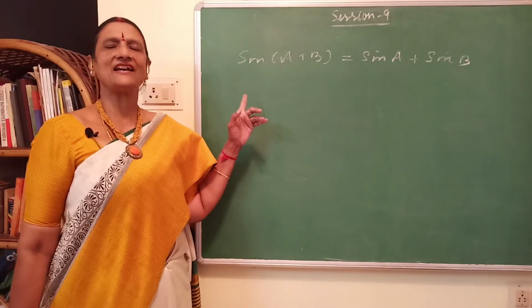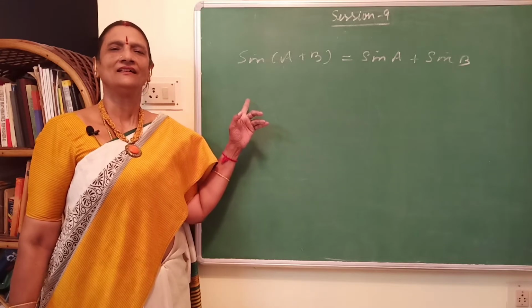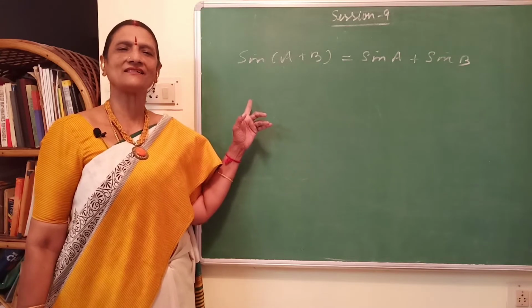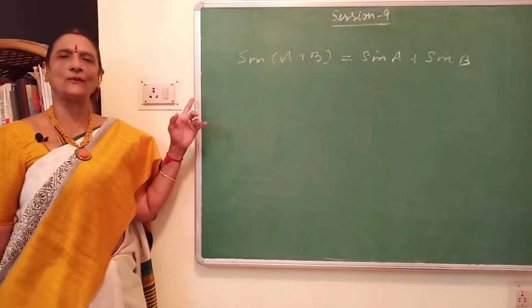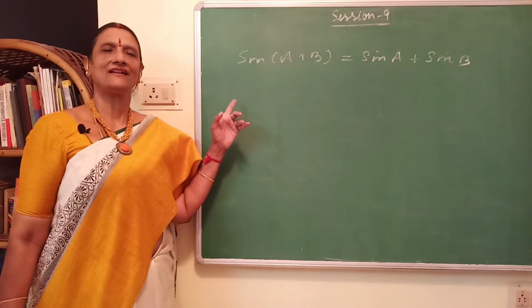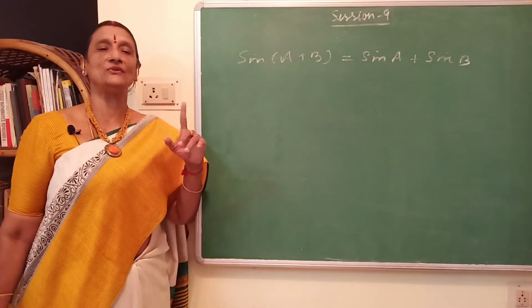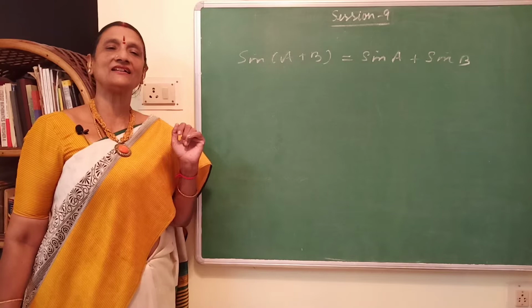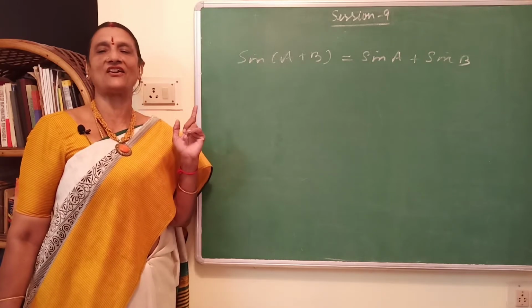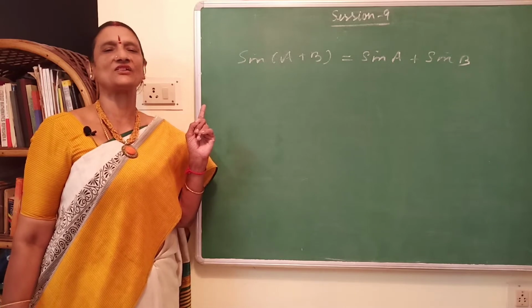Is sin theta equal to cos theta for all angles? Is it true or false? Think. Sin theta is not equal to cos theta for all values. You can even consider 0, 90, 30, 60 and all that. But for one particular value, sin theta equals cos theta.